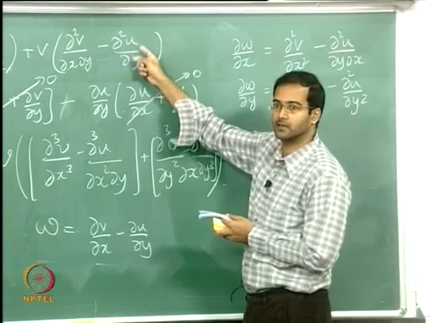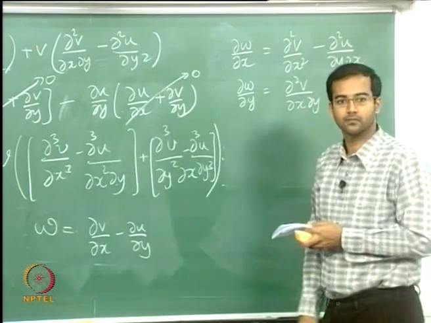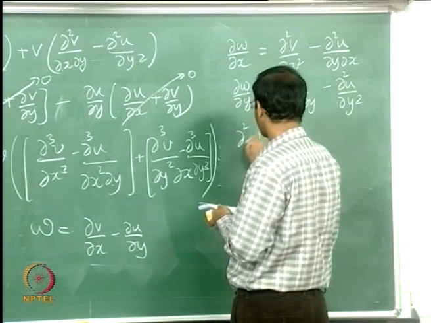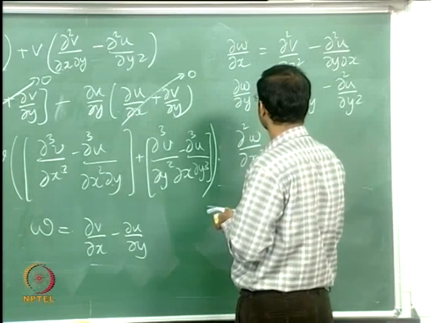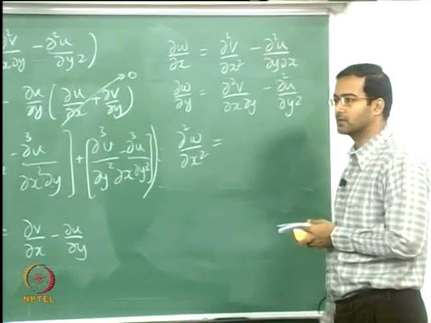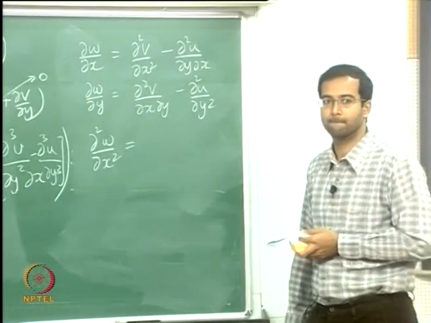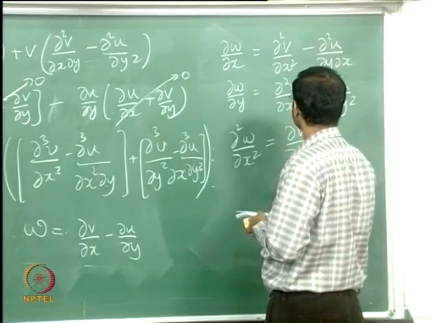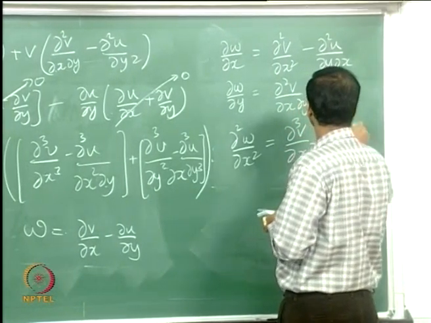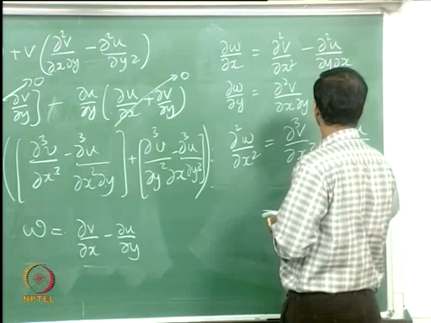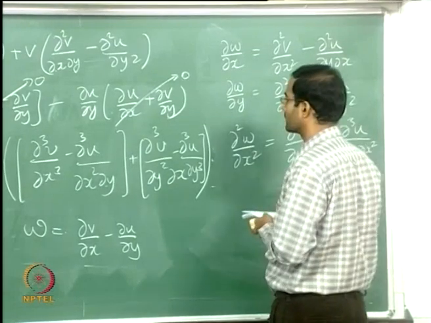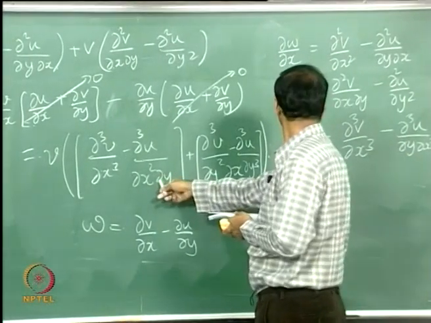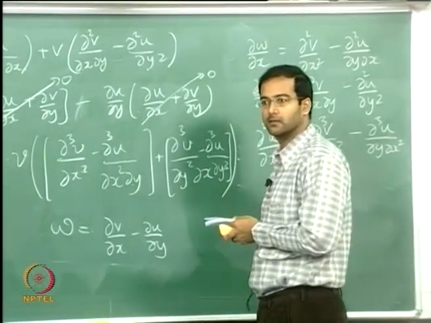That is this term right here. So now if you take second derivative, d square omega by dx square, can you tell me what the second derivative will be? Okay, so this is this term right here, okay.